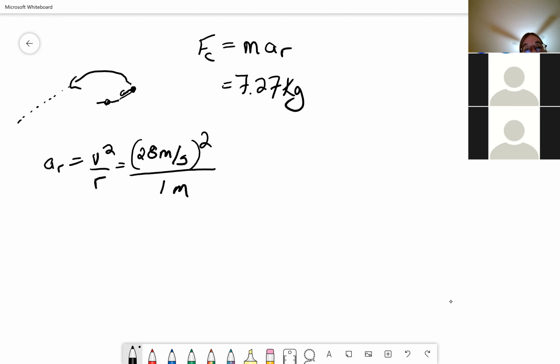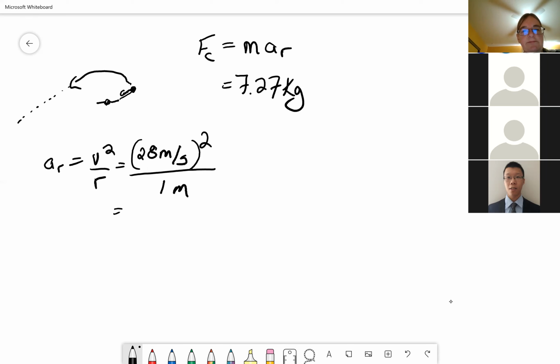So essentially 28 squared, which is, anybody good for 28 squared? 784. All right, couple. 784 meters per second squared.